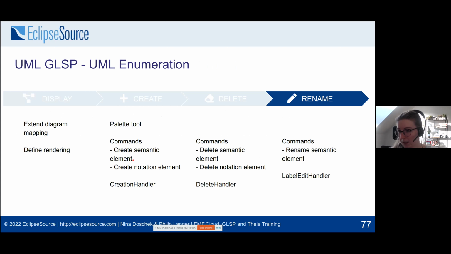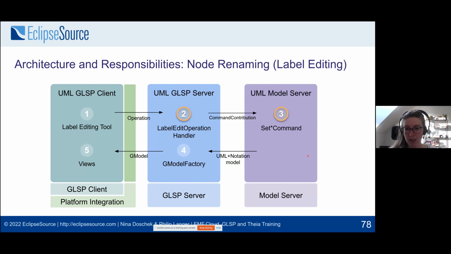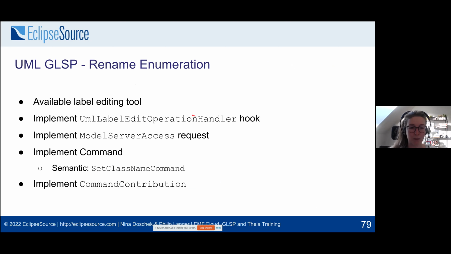So the last step in our step-by-step walkthrough showcase guide is renaming a node. And here again, we have a similar structure. We trigger the label edit operation handler, create the set commands on the model server. So this is the better overview maybe.